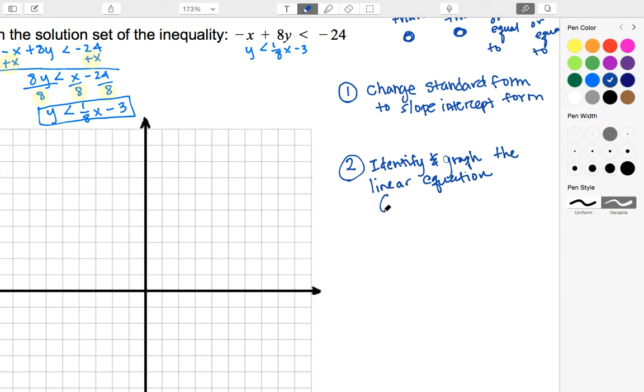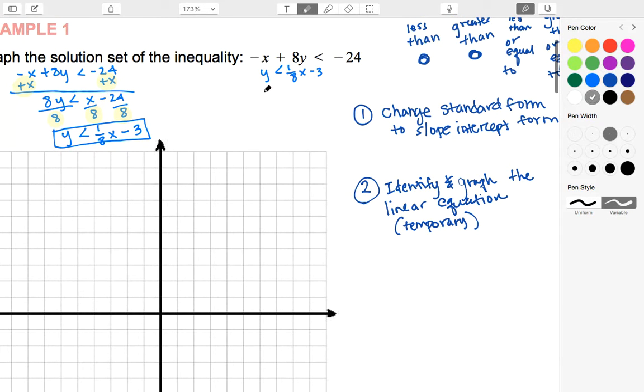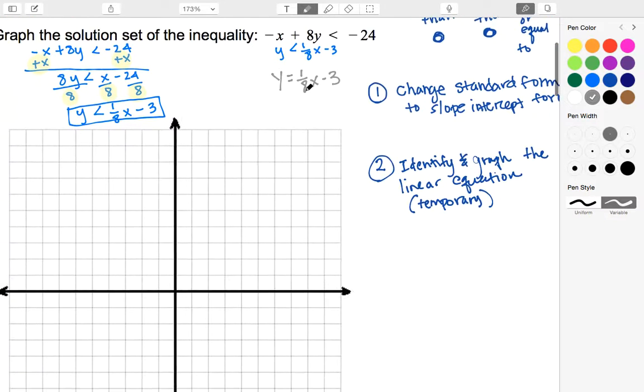And I'm going to put here, this is temporary. If I were to write the equation version of this inequality, the linear equation, it would be y equals 1/8x minus 3.